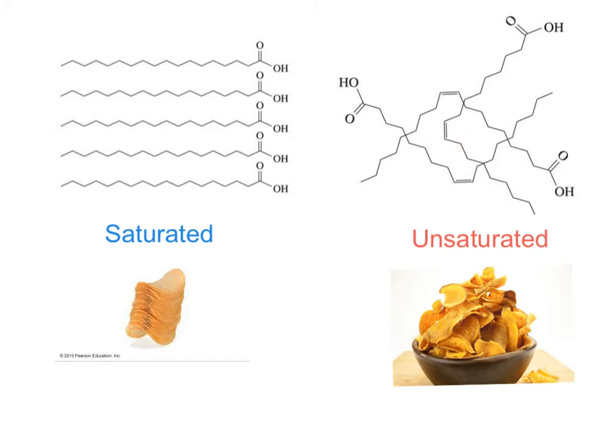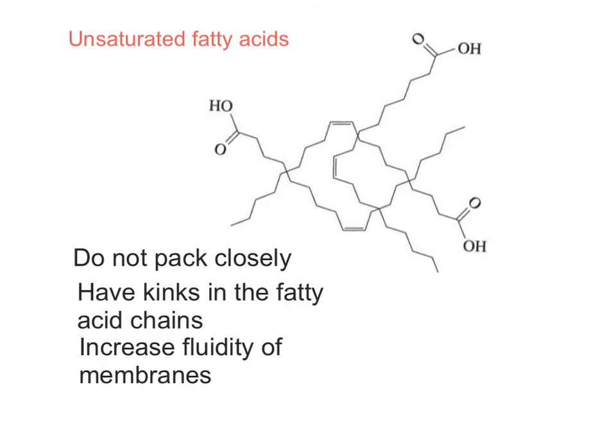In contrast, when there is unsaturation, the double bond produces kinks, bends in the hydrocarbon chain, giving less interaction between those hydrocarbons. Membranes with a high content of polyunsaturated fatty acids in their phospholipids will have less interaction when they are facing one another, forming a lipid bilayer.